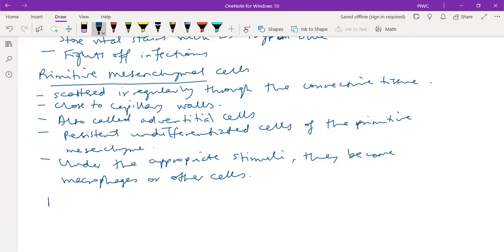Now, the next one we'll talk about are the mast cells.